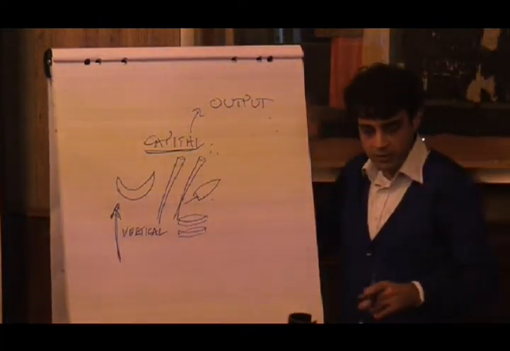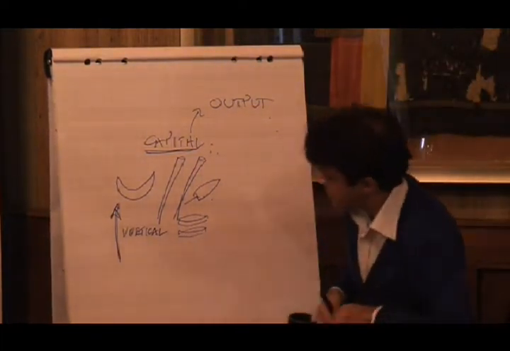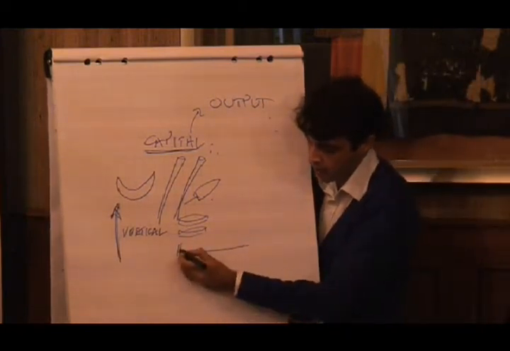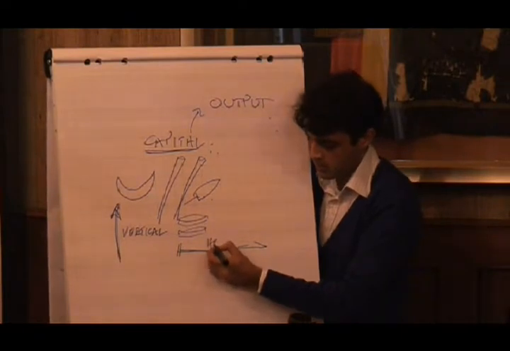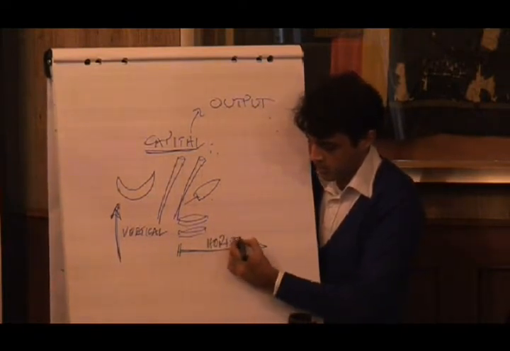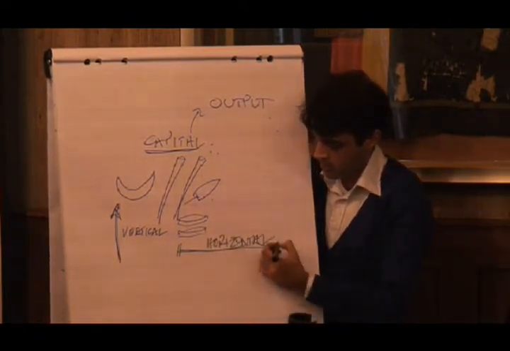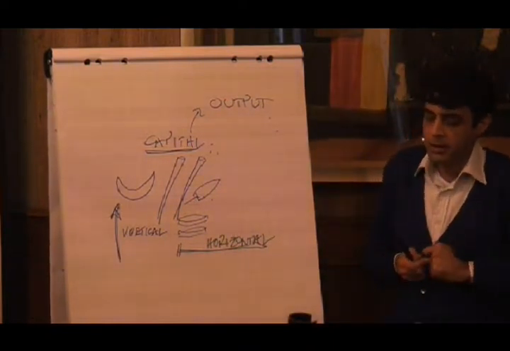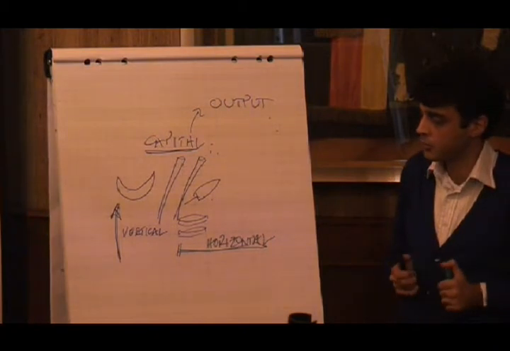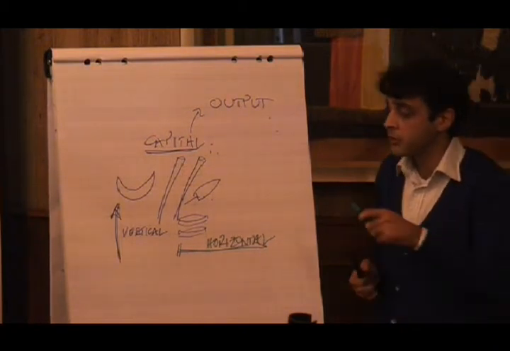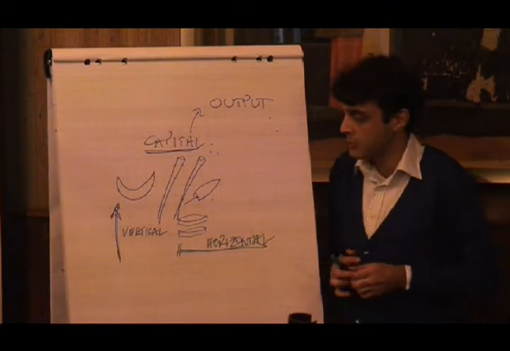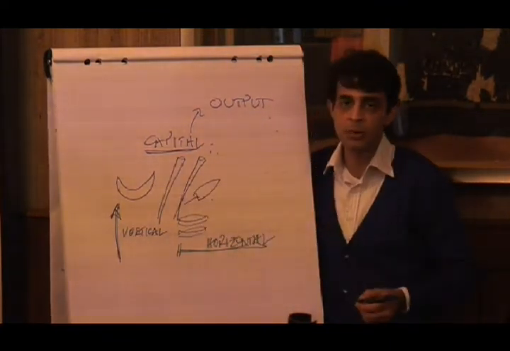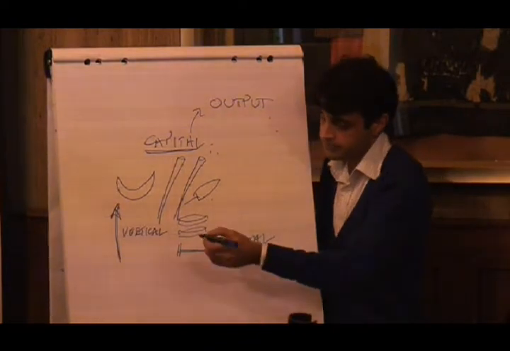Okay, but the point is that you also have the horizontal element of capital good formation, which is basically just rearranging these objects in particular ways.